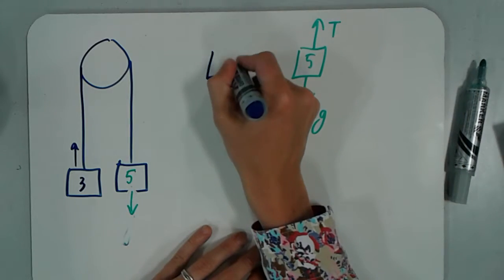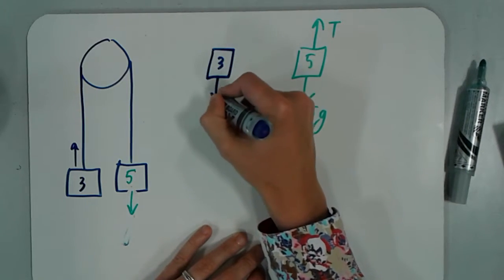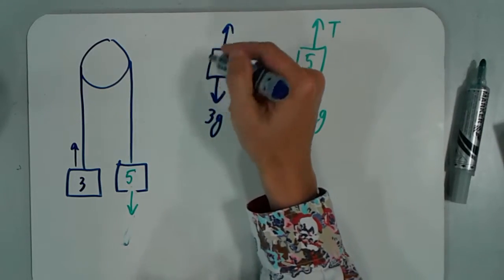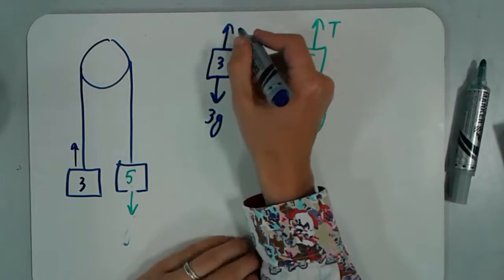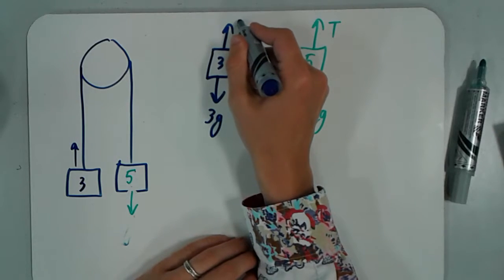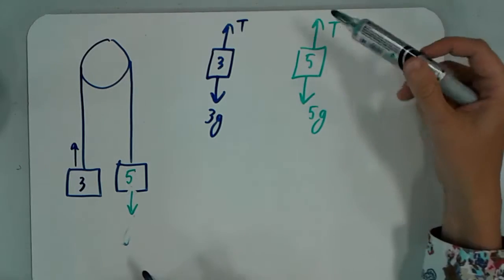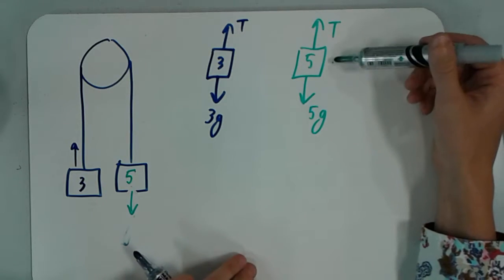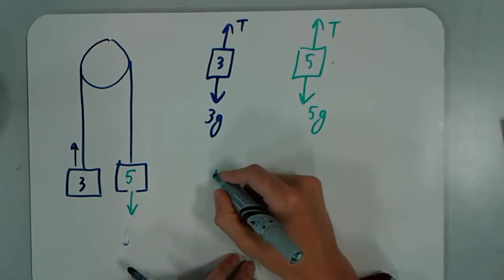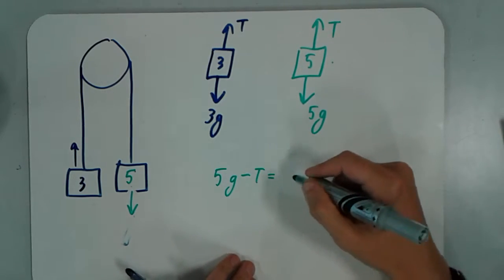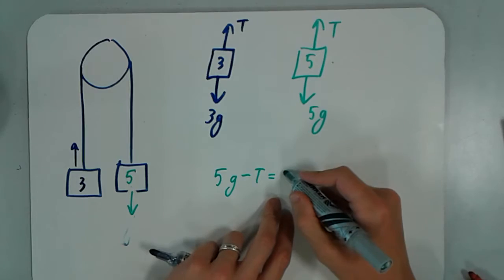Similar for this 3 kilogram mass: 3g going down, and then we're going to have tension going up. As we know that this heavier mass will be moving downwards, 5g minus tension will equal mass times acceleration.